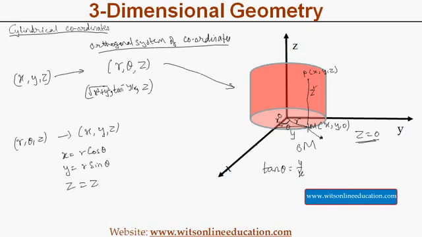So the direction of measuring theta will be the tangent at this point M in the direction of increasing theta. So this is the direction of theta, this is the direction of r, and this direction of the positive z axis is the direction of z.